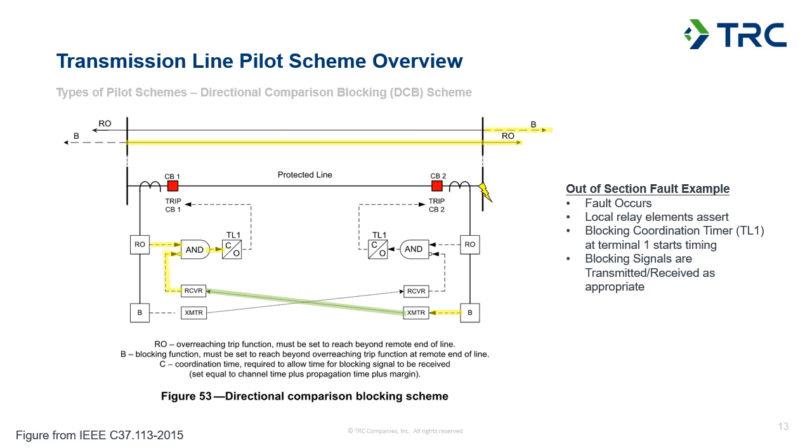Once the receiver receives that signal, it applies a logical 1 to that inverted input to the AND gate. Because it's now receiving a blocking signal, the output of the AND gate drops out, and the coordination timer, TL1, resets and drops back out.